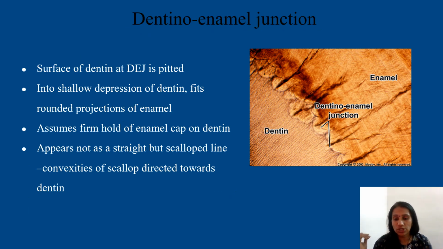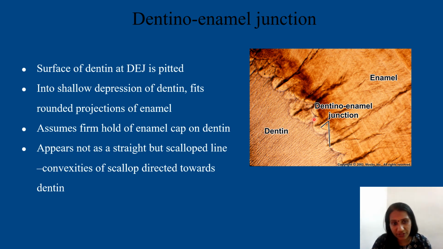Now, there is another structure which you can see within the enamel, that is the junction between the dentin and enamel. Now, dentino-enamel junction. So, basically, it is the junction between dentin and enamel. If you see the surface between dentin and enamel, you can see it is scalloping. It is not a straight line. You can see there is concavity and convexity. Basically, the dentino-enamel junction is scalloping, and you can see depressions or concavity on the surface of the dentin.